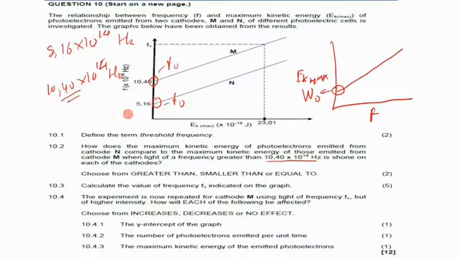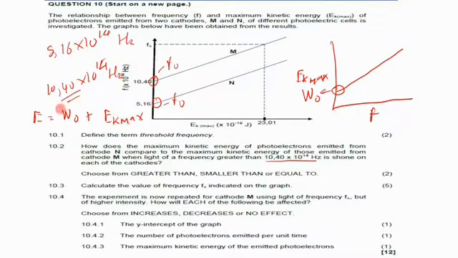Now we know that if we make use of the formula E is equal to work function plus EK max, we do understand that here the work function and the EK max are inversely proportional. What do I mean by that? If a metal has a greater work function, meaning there is a greater energy that is needed to emit electrons from the metal surface, that means the electrons emitted from that cathode or from that metal surface will have a lower EK max, right?